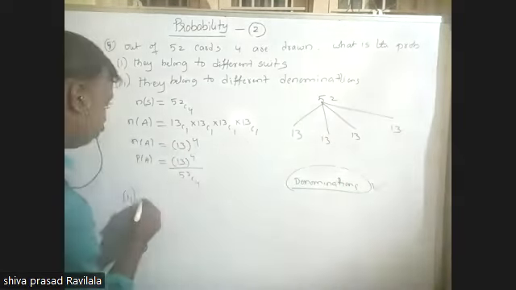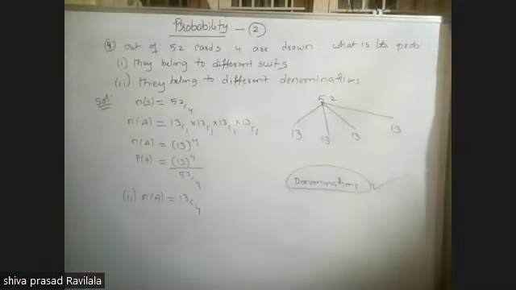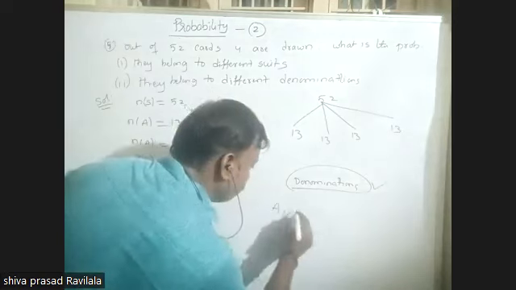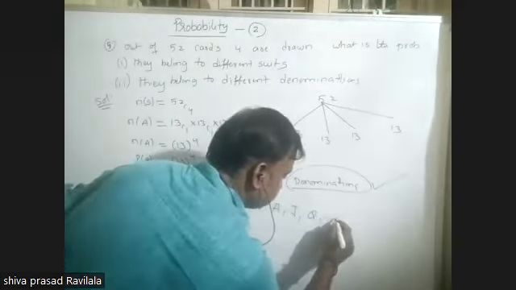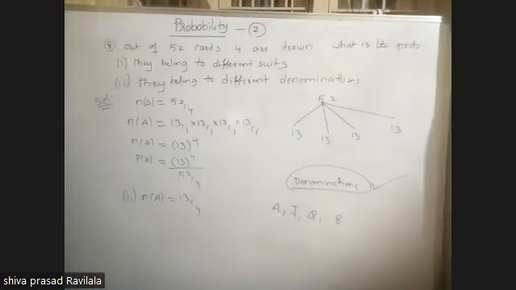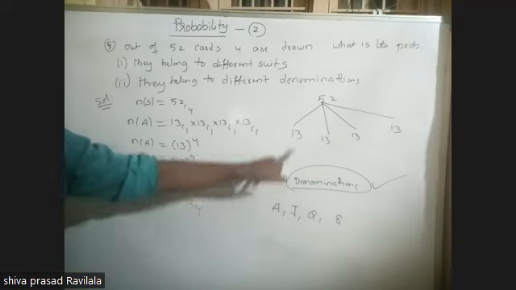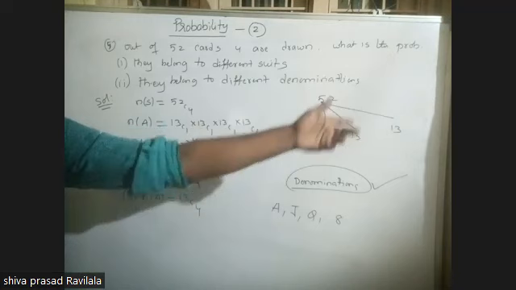N of A is here 13C4. All are different means, for example, I take one card, say Ace, Jack, Queen, and next one I take some number 8. 4 cards, 4 are different. Moreover, denomination may be from spade, club, diamond, or heart, like that.